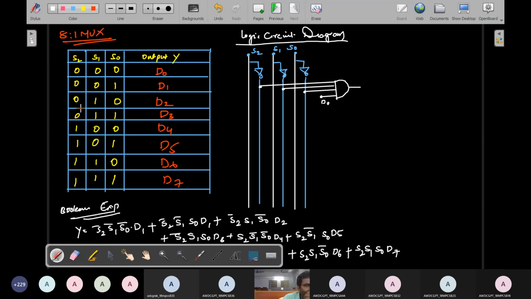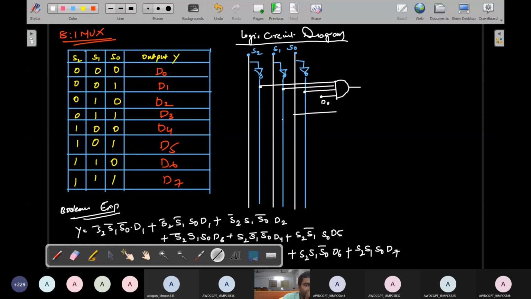The second combination is simply S0, and here it is 1, so I draw here onwards. So S1 and S2 both are zeros.